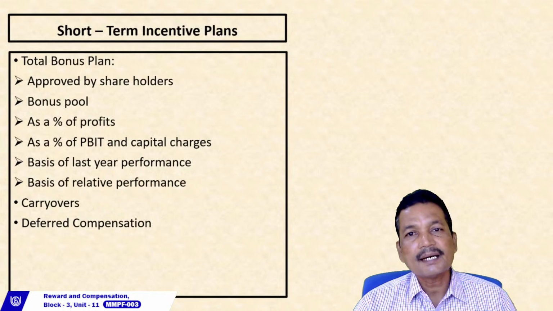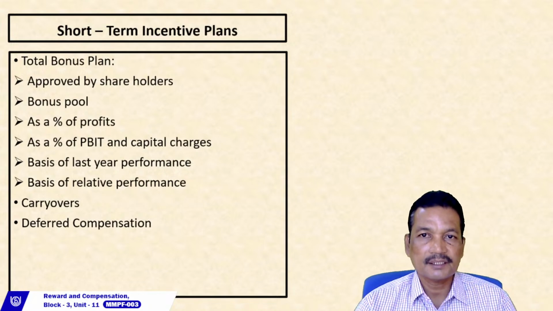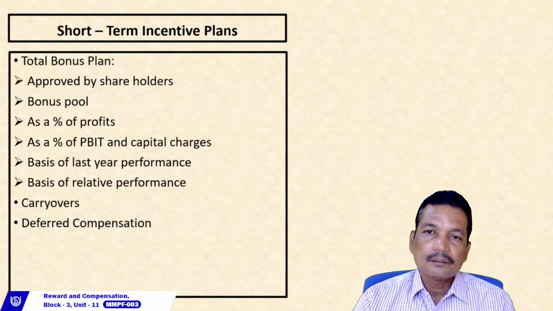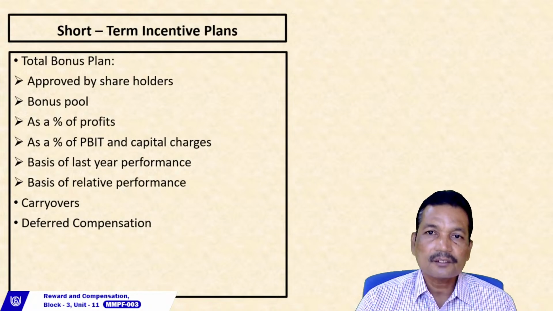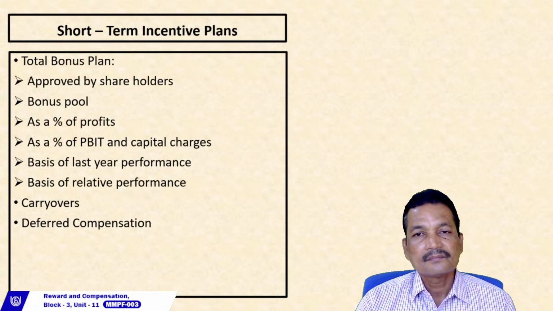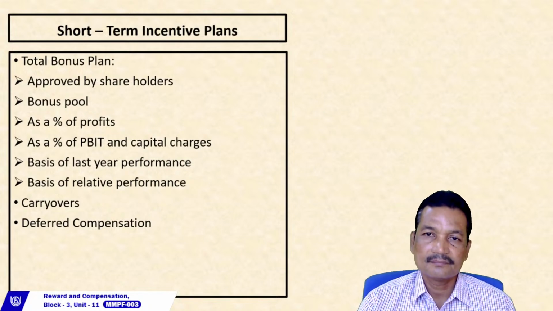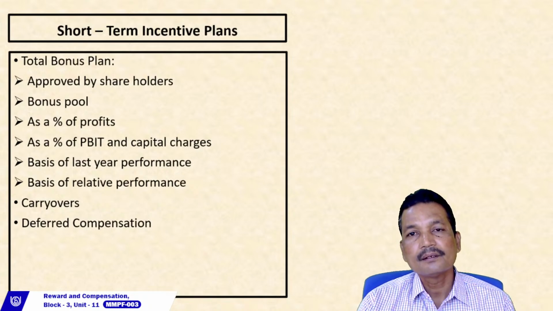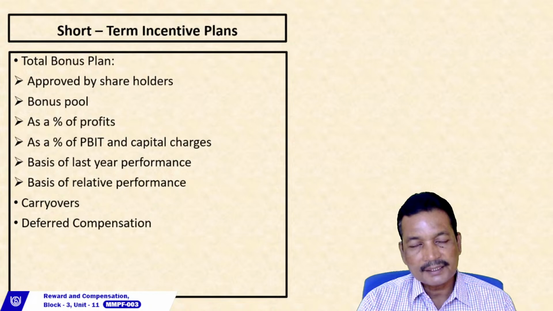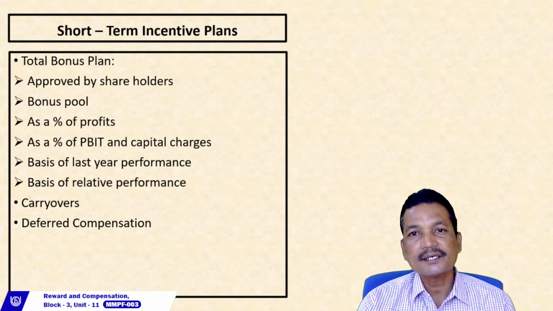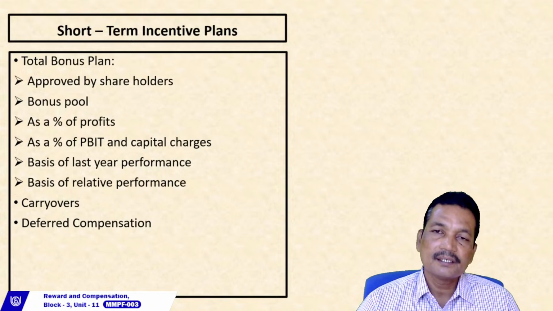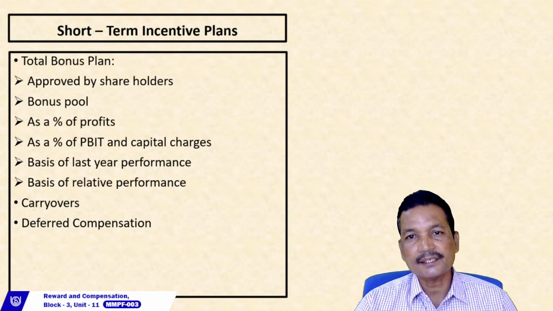Now it is approved by the shareholders. It has to be approved by the shareholders because the profits of the organization belong to the shareholders. They are the owners of that. So they have to approve it, thinking in the sense that it is the employees of the organization that have helped to generate the kind of profit they are going to get or they are getting.